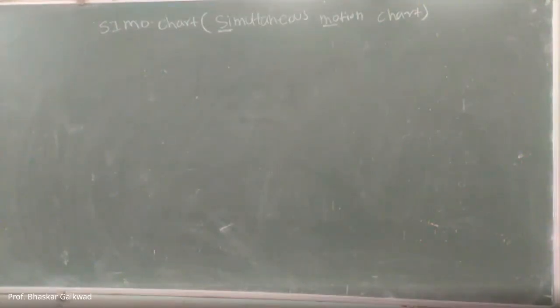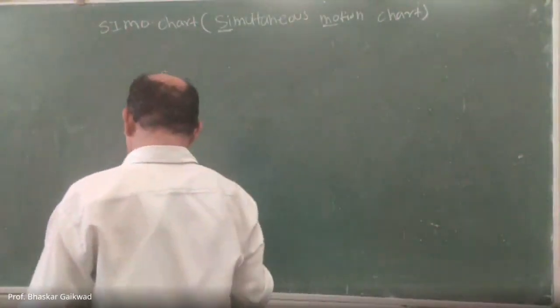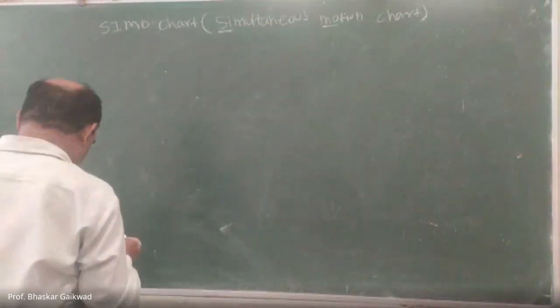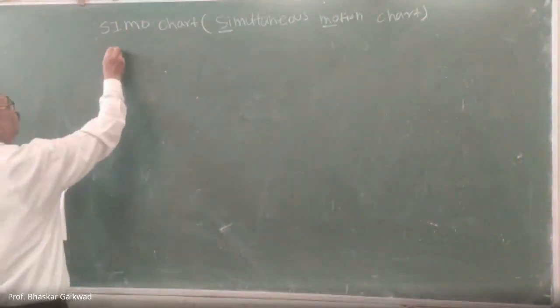This is the graphical representation of the micro motions of the operator's hands, by using the therbligs of two hands, recorded. So here we have left hand and right hand. How can we make this? Here is the assembly of nut and bolts. Example.